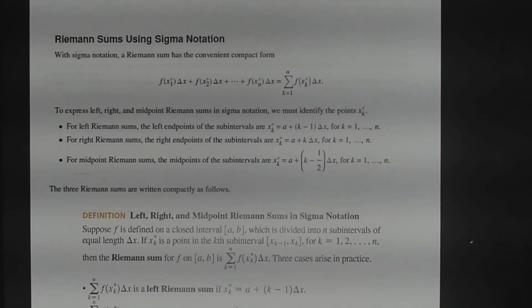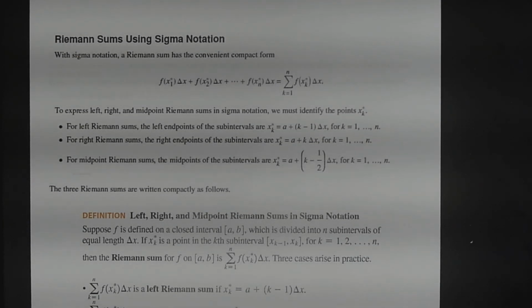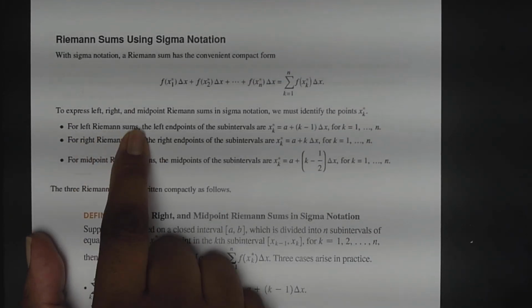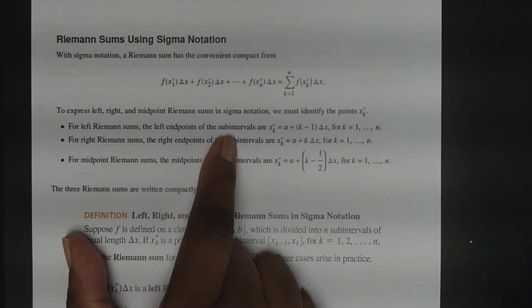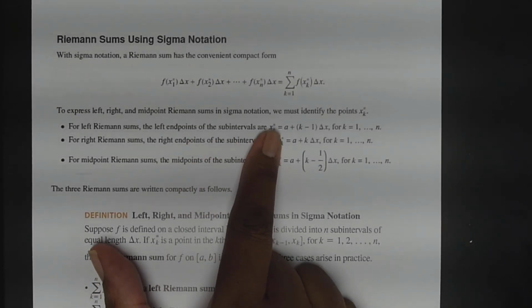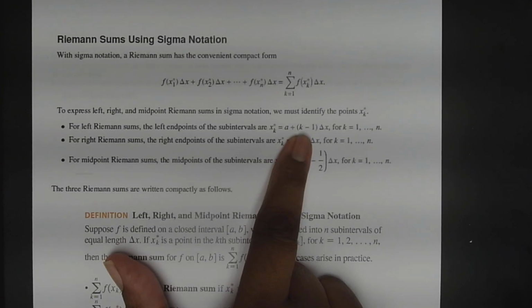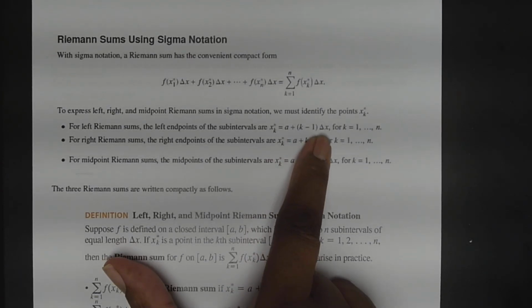And to express left, right, and midpoint Riemann sums in sigma notation, we have to identify the points x star sub k. So in this case here, for left Riemann sums, the left endpoints of the subintervals are going to be this: x star sub k will be equal to a plus the quantity k minus 1 times delta x.